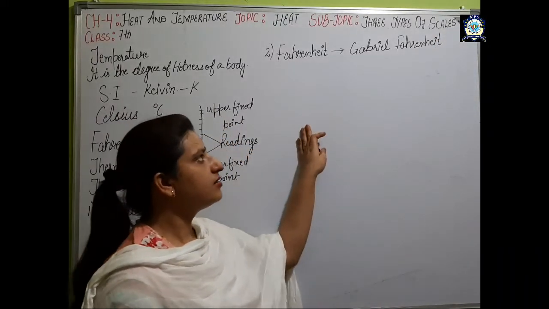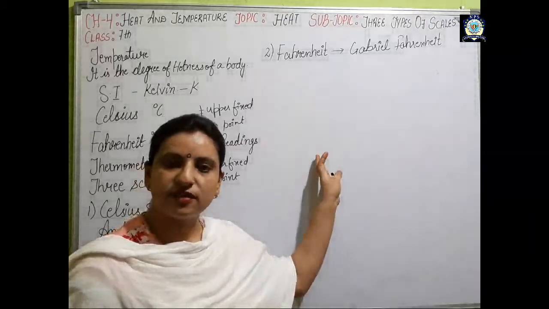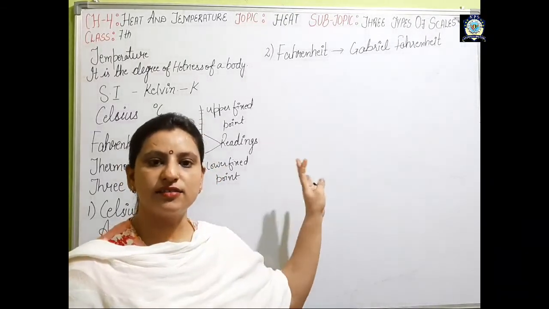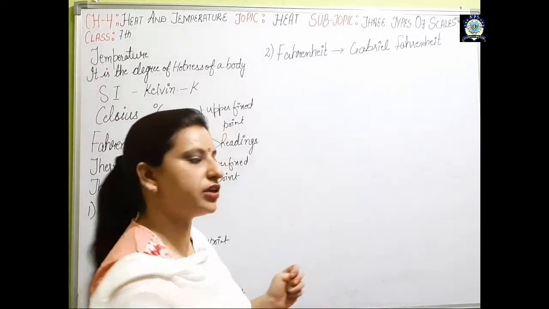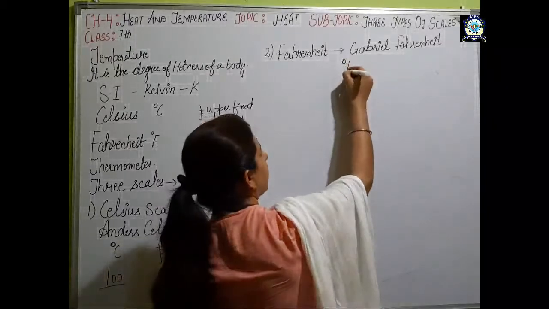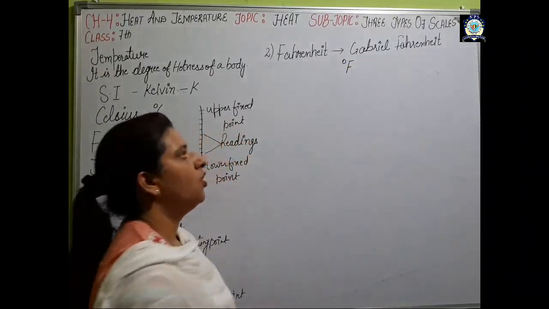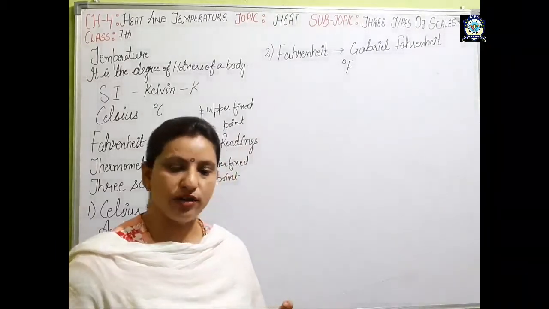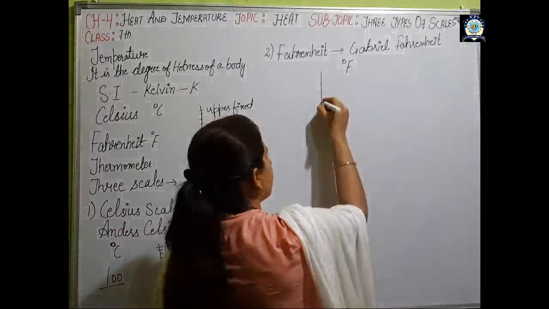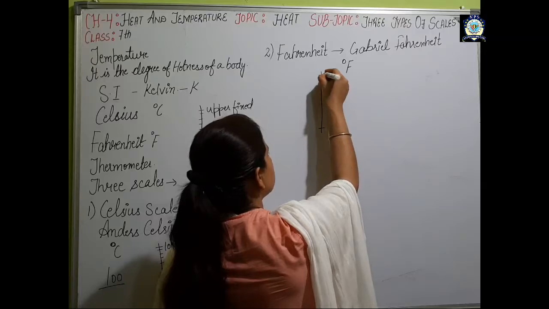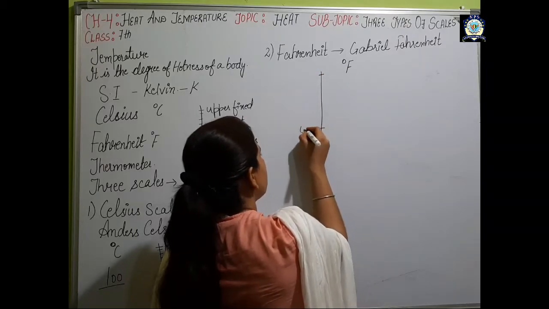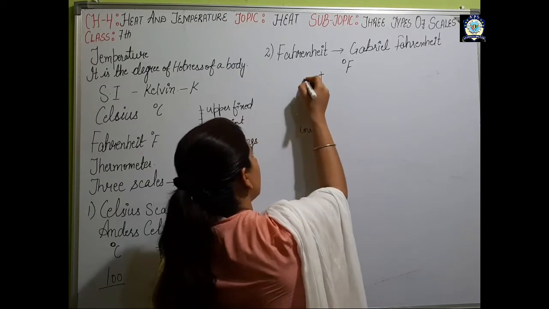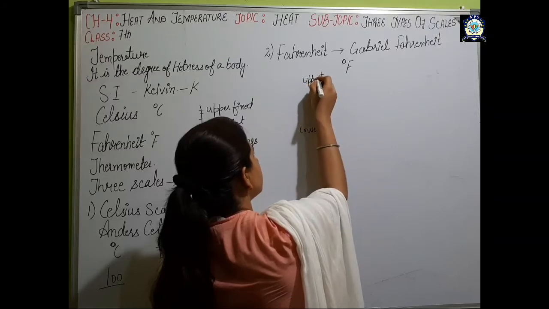Gabriel Fahrenheit has given this scale, and this scale measures the temperature in degree Fahrenheit. Also, it has two fixed points. If this is the scale, it has two fixed points: this is the lower fixed point and this is the upper fixed point.